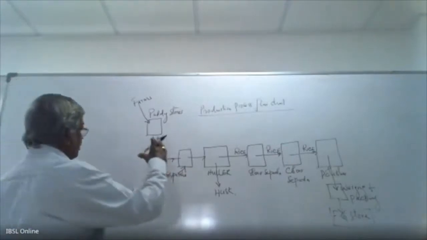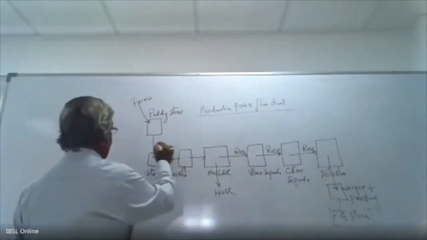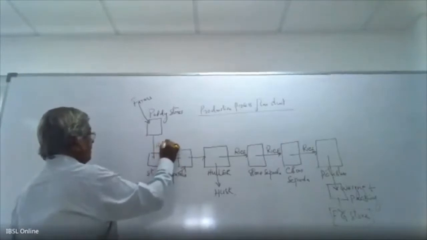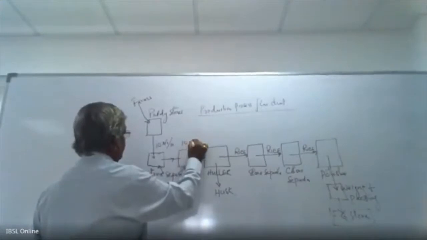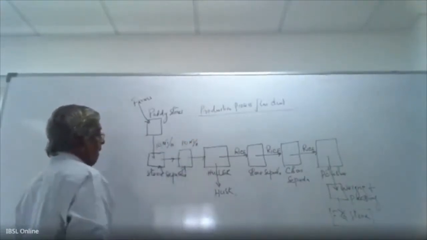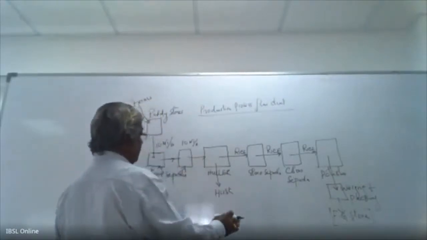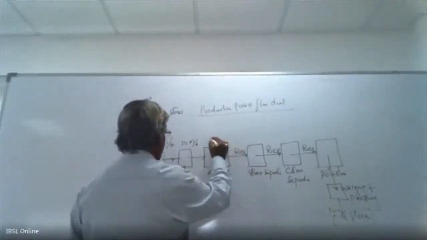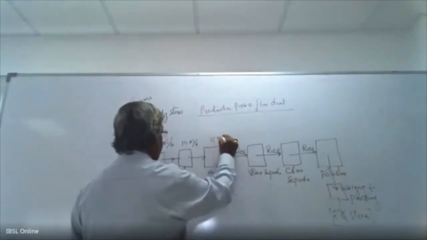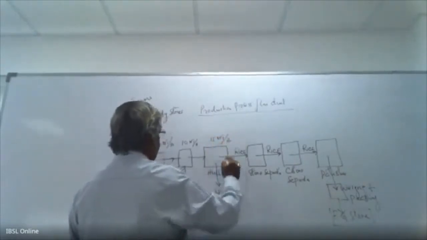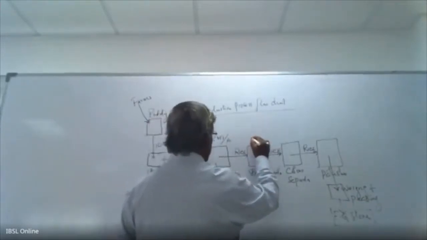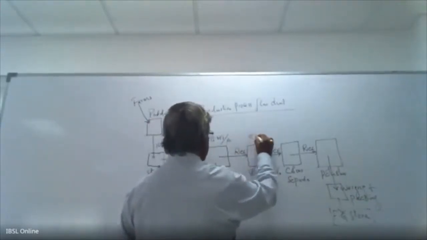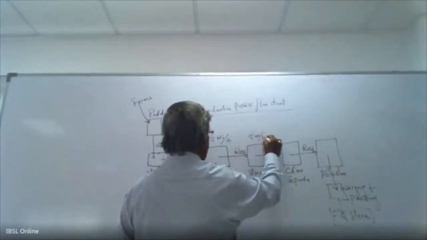So this is paddy stores, this is stone separators. So this has 10 metric ton per hour capacity. This also 10 metric ton per hour capacity. This is of course 15 metric ton per hour capacity. This is 8 ton per hour capacity.